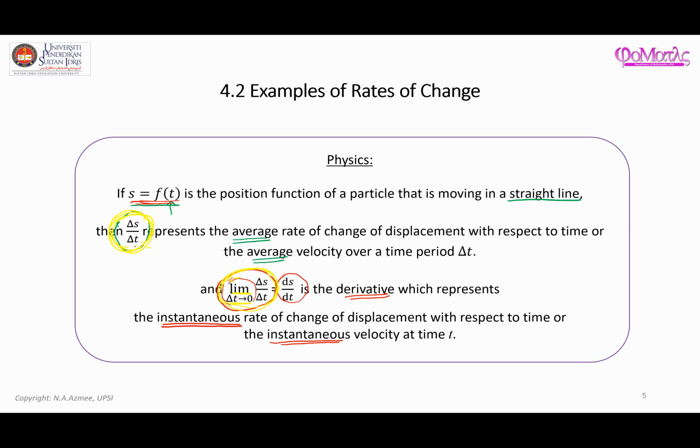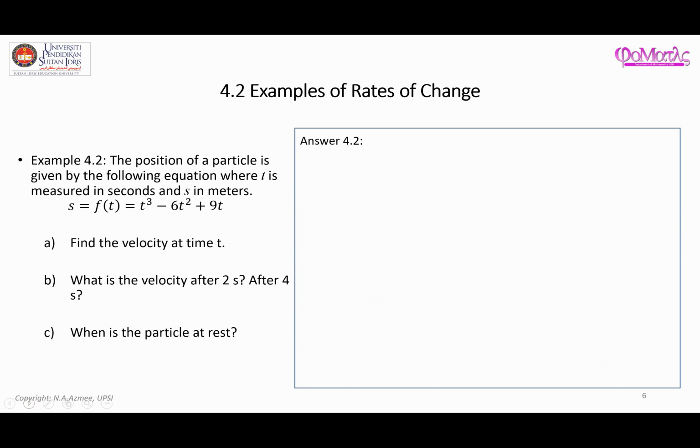Right, let's look at the example given here. We have a function which tells you the position of a particle, given by this equation. The function depends on t, where t is time measured in seconds, and s is given in meters.